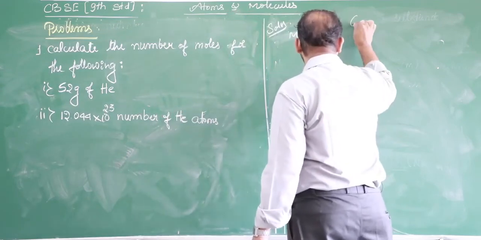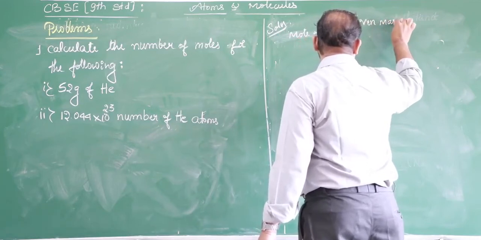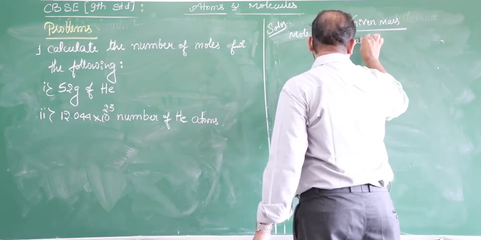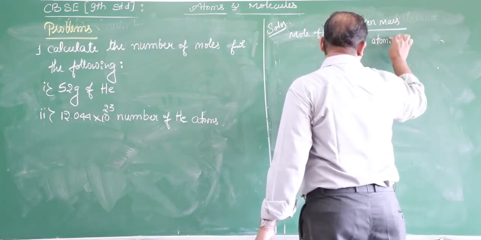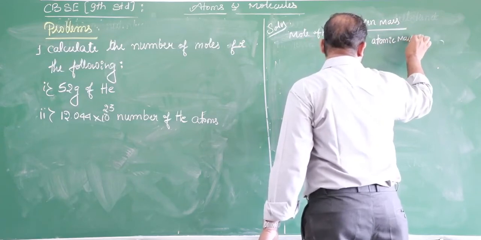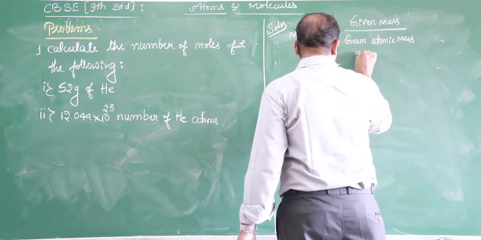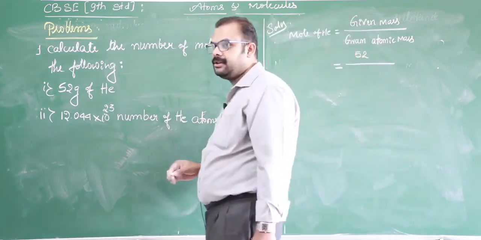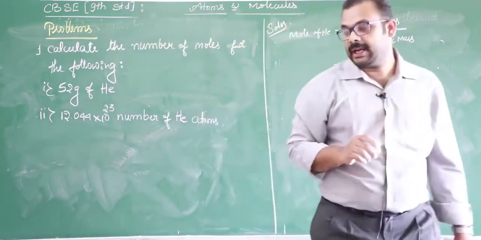Here it is given in terms of gram, so given mass by gram atomic mass. The given mass is 52, and the gram atomic mass is not mentioned here, but we should know the masses of some elements.